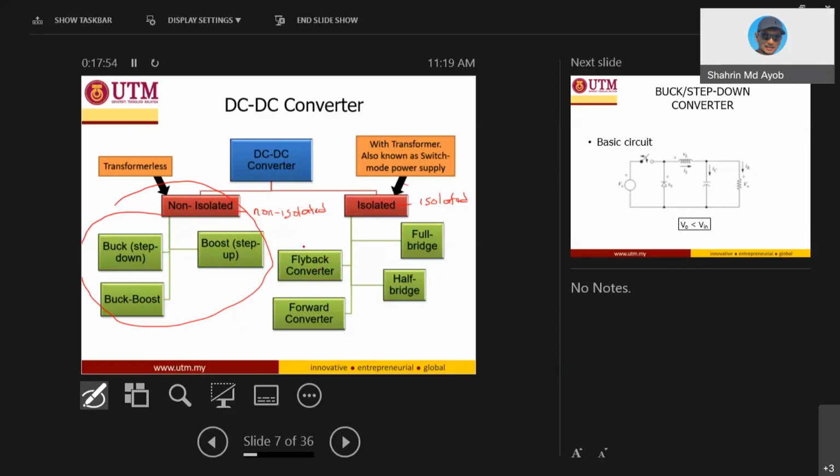But it's a very complicated circuit. For our previous batch students, we did some very deep calculation here.